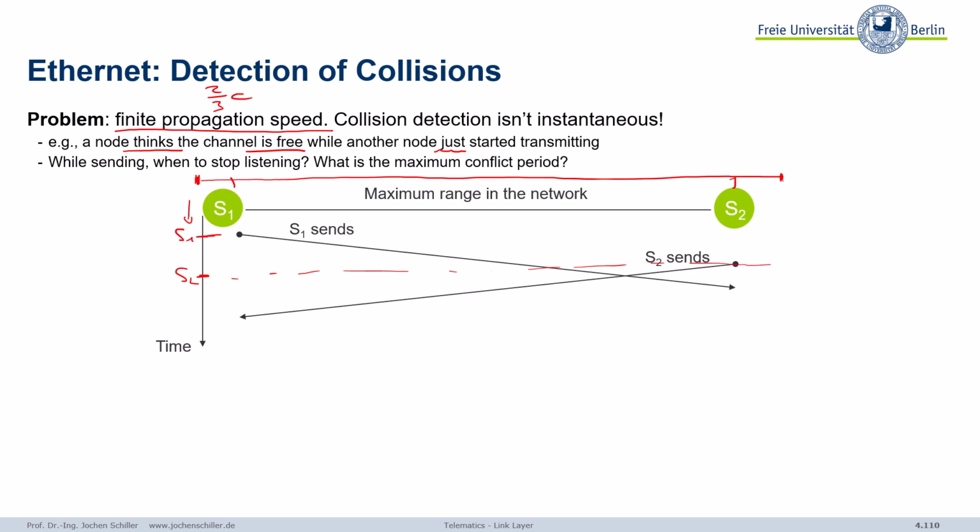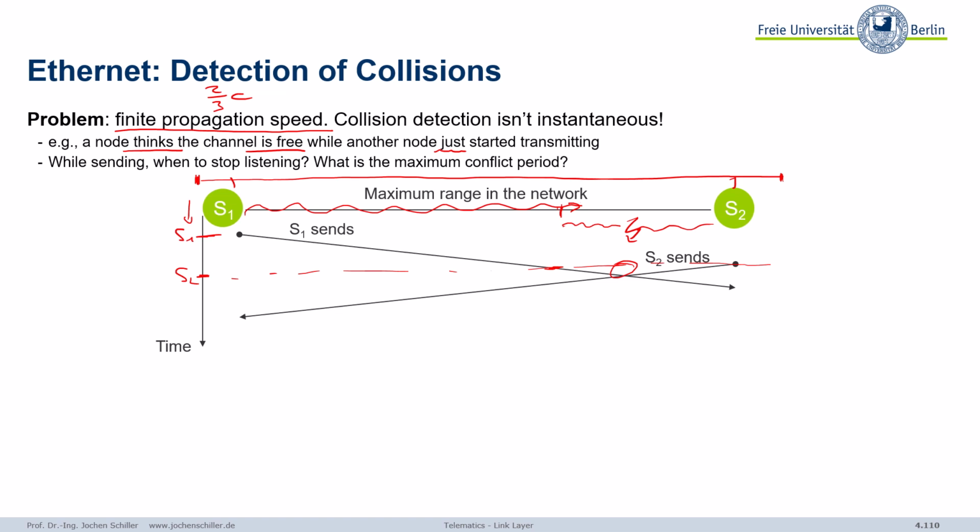Because at this time, the signal did not reach the station. The signal is still somewhere here on the way. So you create the signal, it continues, and then you start sending. What happens then? The signal continues to travel, but also this signal starts traveling, and we have the collision here.